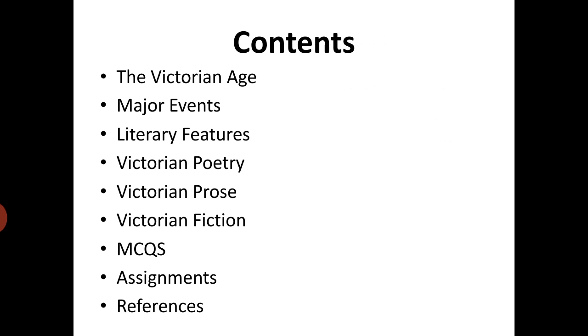And this session includes contents like this: the introduction of the Victorian age, major events of the age, literary features of the age, Victorian poetry, Victorian prose, Victorian fiction, and also MCQs, assignments, and references.